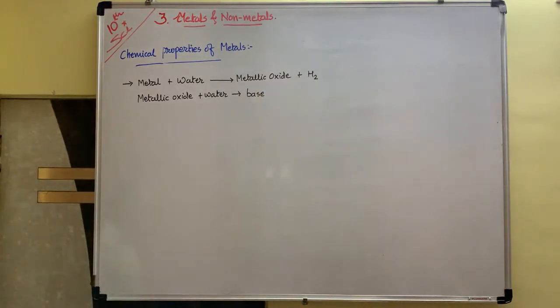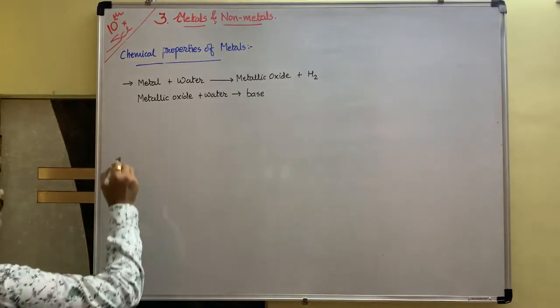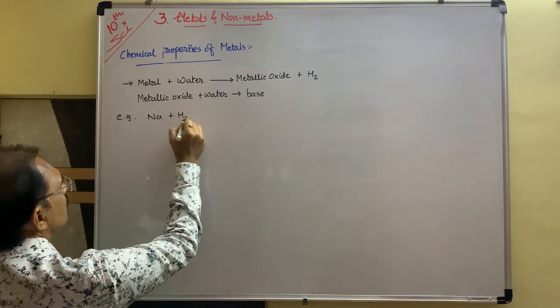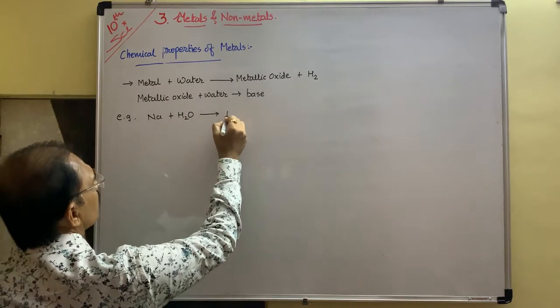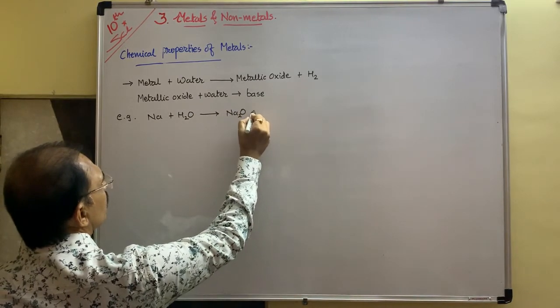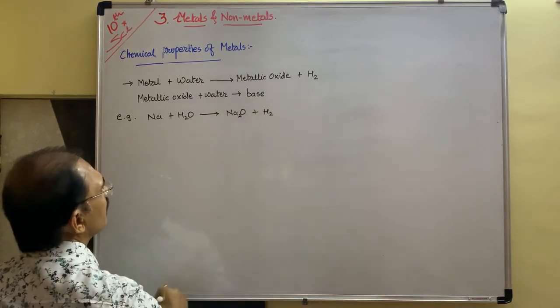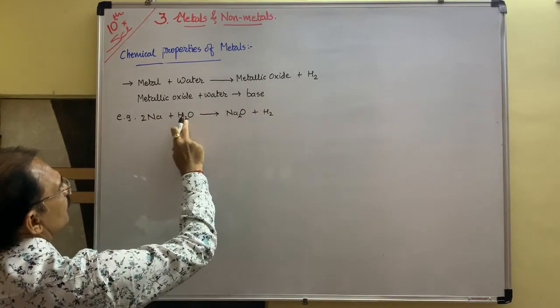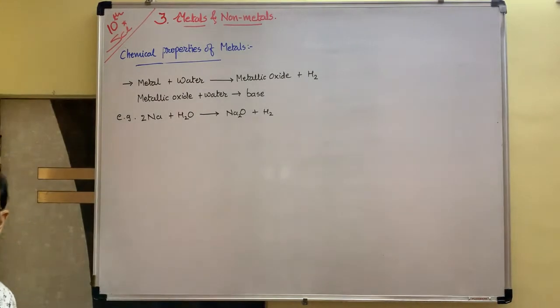Metallic base is formed, right? As for example, potassium, sodium you can take. Sodium when it reacts with water forms metallic oxide, sodium oxide, and hydrogen is released. 2Na, 2H and O. Okay?